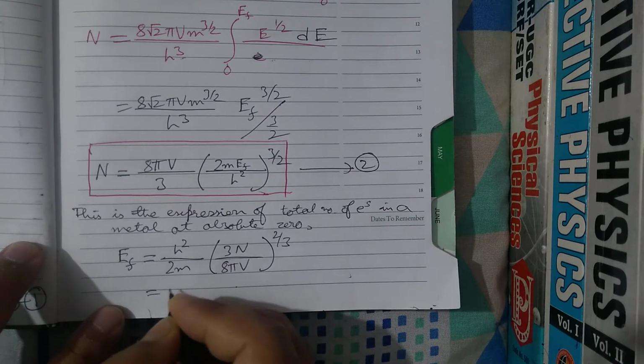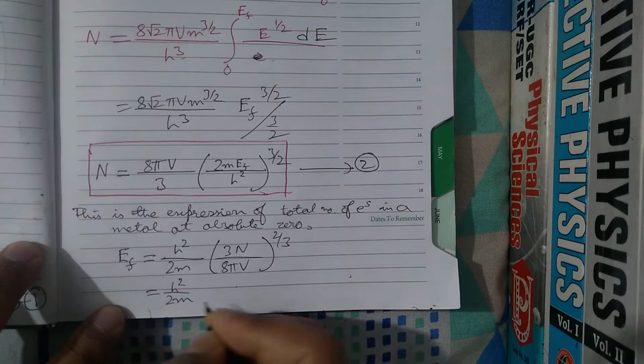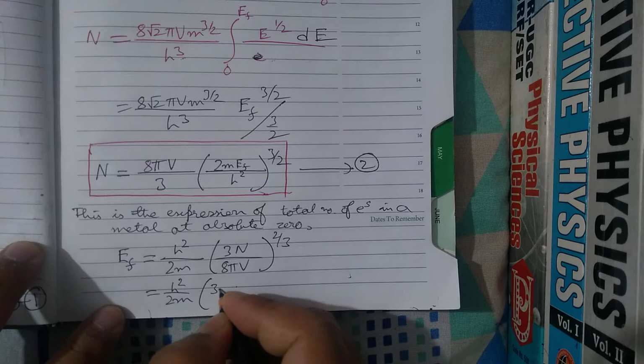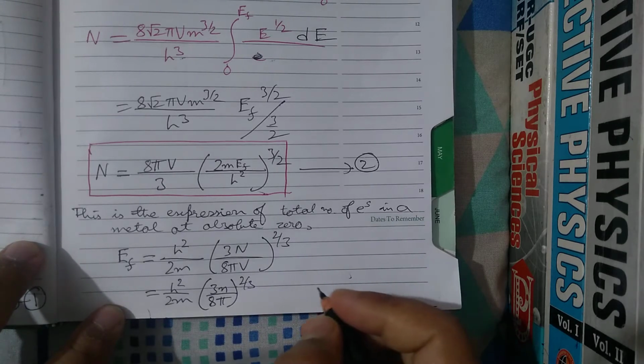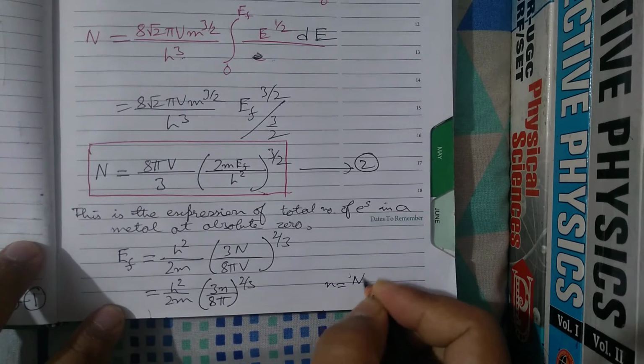So you can write this as h square by 2m into (3 small n by 8 pi) whole to the power 2 by 3, where small n is equal to capital N by V.